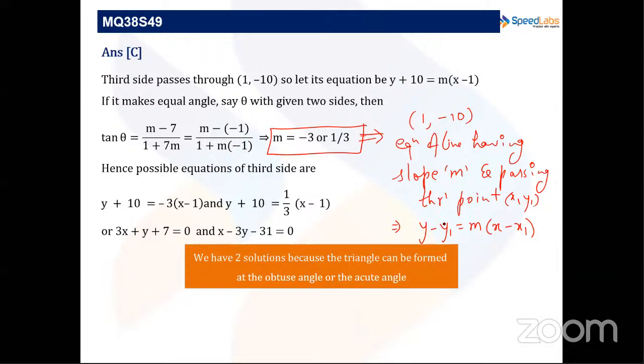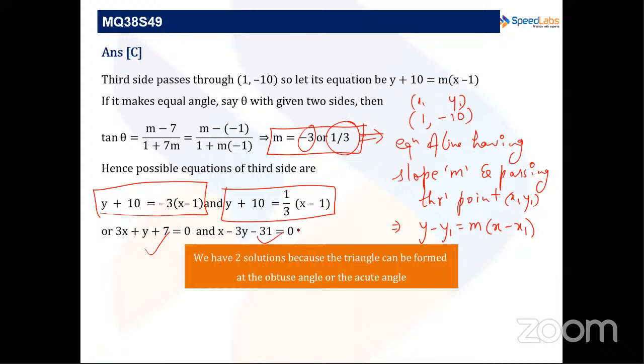Substituting these values, this is x1, y1, and the values of m are minus 3 and 1 by 3. We will get one equation and the other equation, so we will have two equations. So the answer is C.